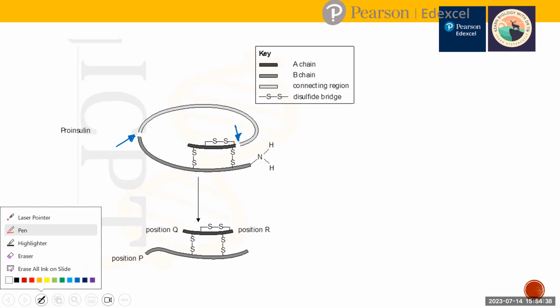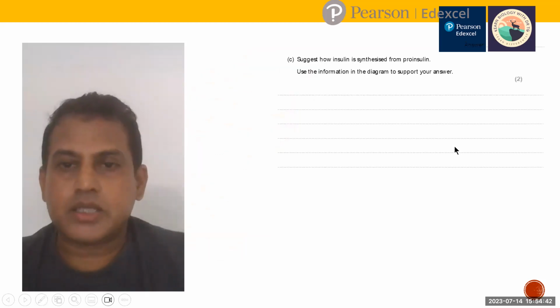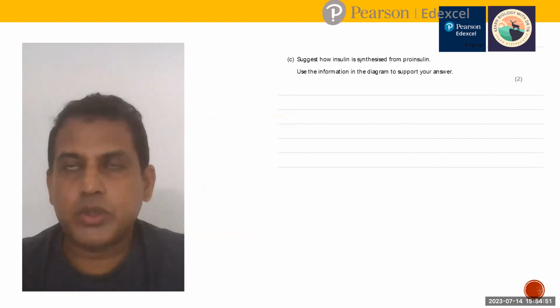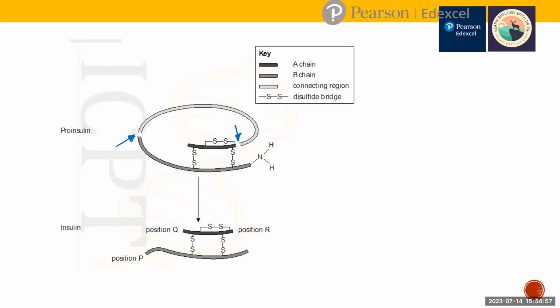Going back again to the question, suggest how insulin is synthesized from proinsulin. Use the information in the diagram to support your answer. Now, a common approach of students is they try to write, it is just removing of the connecting region.